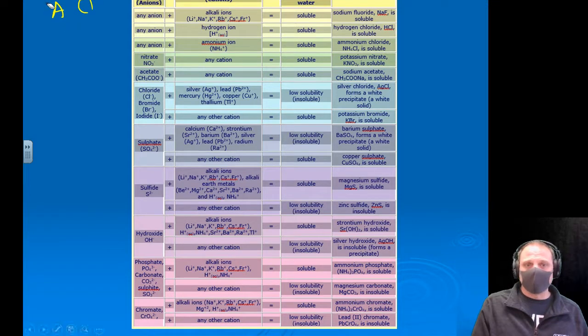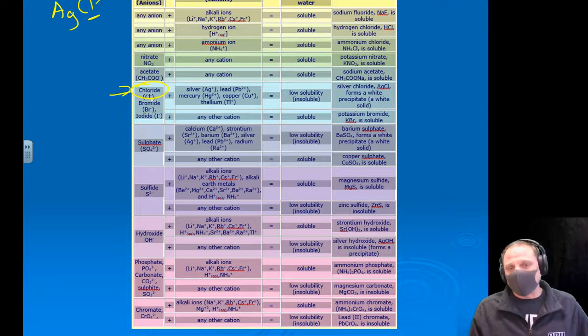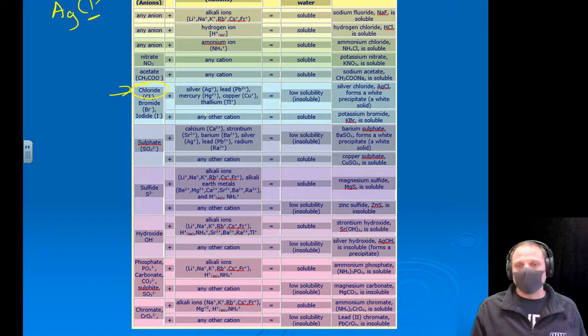Is silver chloride soluble or insoluble? So what I've got to do is find the negative ion, right? So this is my negative ion. Find chloride. Oh, here it is. There's chloride. And so if I take that chloride and then I come over and look at my next column, my positive ions. What's my positive ion? It's silver. Oh, there's silver.